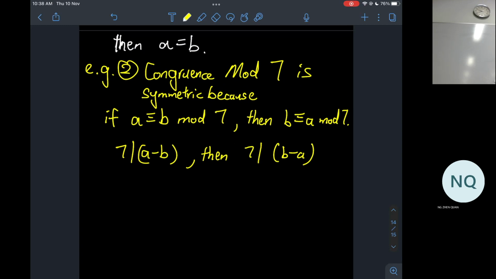Next, divisibility. Is divisibility symmetric? Why? It's like question 1 in the exam. If you say no, you need to tell me why.